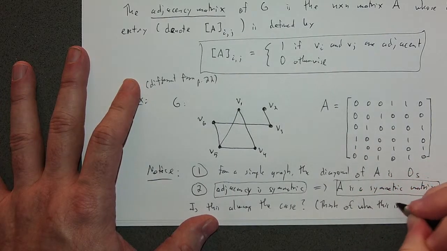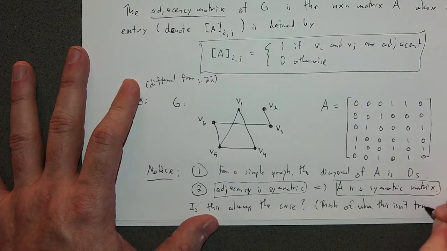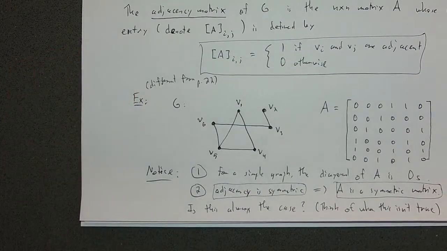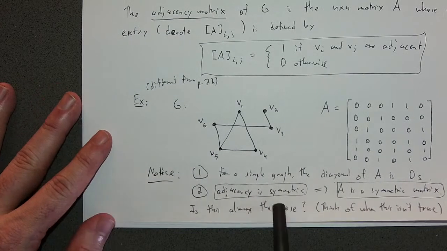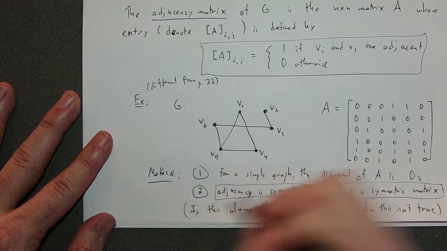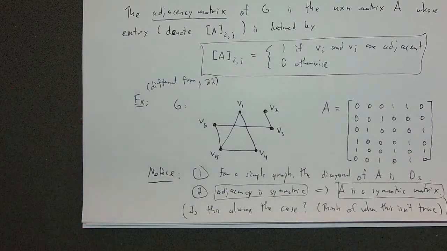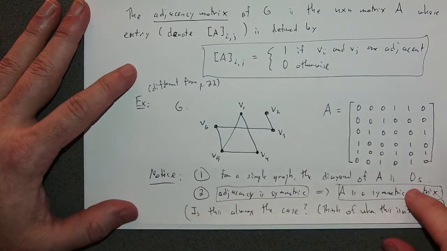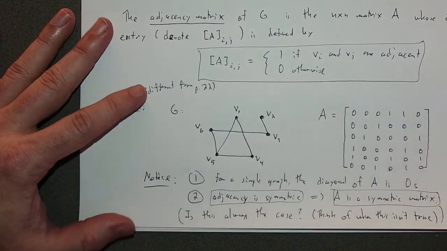Note, this is true for our finite simple graphs as we're considering them, but think about where this isn't true. Go back to the first day of class. We're talking about all the different types of graphs that are not necessarily finite simple graphs, and think about when this isn't true. Okay? But for us in these sorts of graphs, this is absolutely going to be the case, and so this is going to be a symmetric matrix.